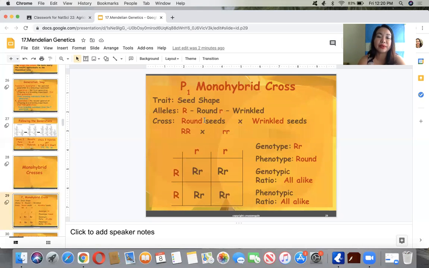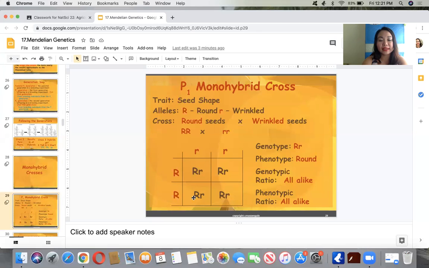When you cross the round seeds with the wrinkled seeds using the Punnett square, you pair the big letter R with a small letter r. So the combination is big R and small r. The capital letter should come first, regardless of their arrangement.